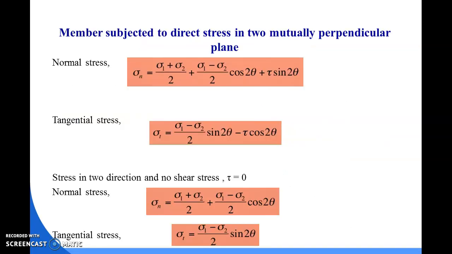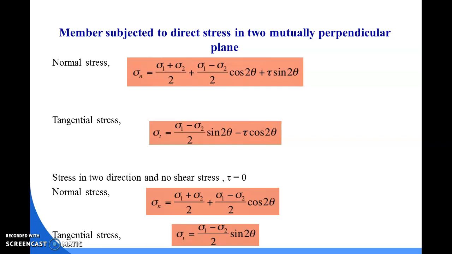Now come to another criterion of the principal stress system, which is the member subjected to direct stress in two mutually perpendicular planes. Here only sigma 1 and sigma 2 are valid and tau is missing, because there are only two mutually perpendicular planes with two mutually perpendicular stresses, and the tau value is 0.